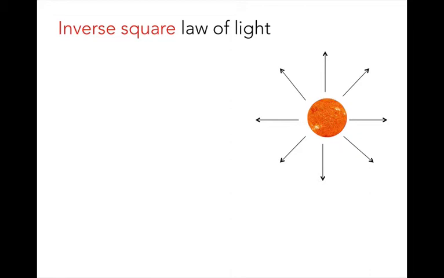You can see that more clearly if we write it down. The inverse square law of light says that the brightness of a light source, which we'll represent with a b, is proportional to 1 over the distance to that light source, d, squared. The 1 over part is what we mean when we say inverse. So we might say this another way, as brightness varies inversely with the square of the distance.